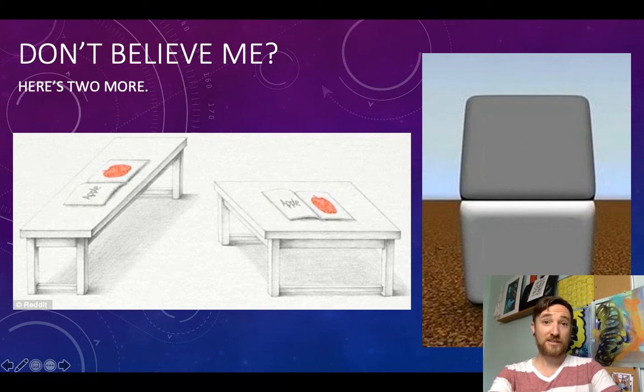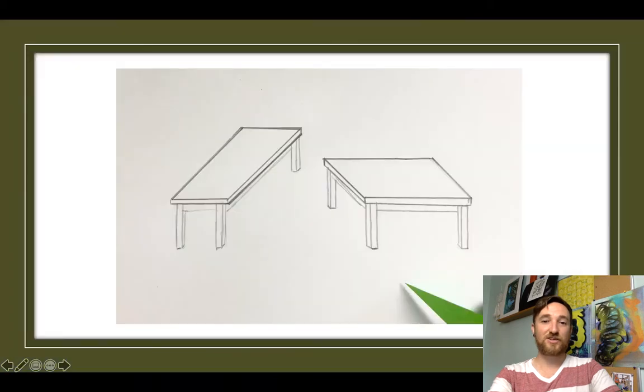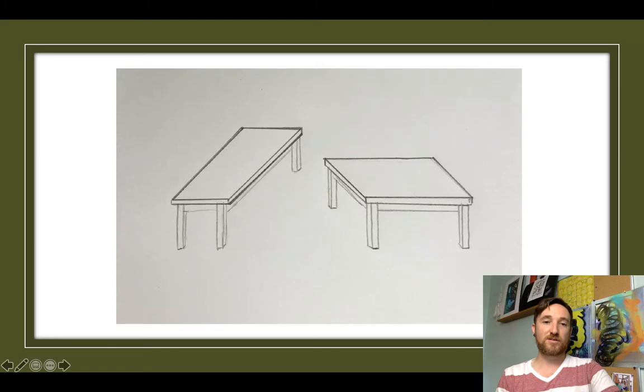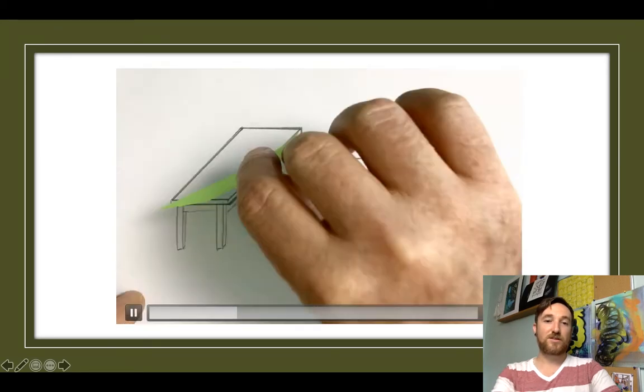So I traced both of these tables, and you're welcome to do the same with your computer screen if you want. I drew it out on a sheet of paper, and then I cut out a green shape that is the exact same size as the one on the left. I'm going to move that green piece of paper in front of the one object.